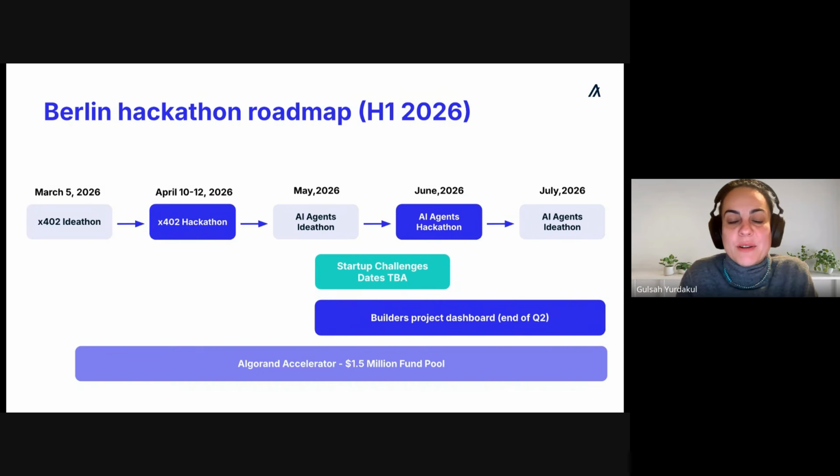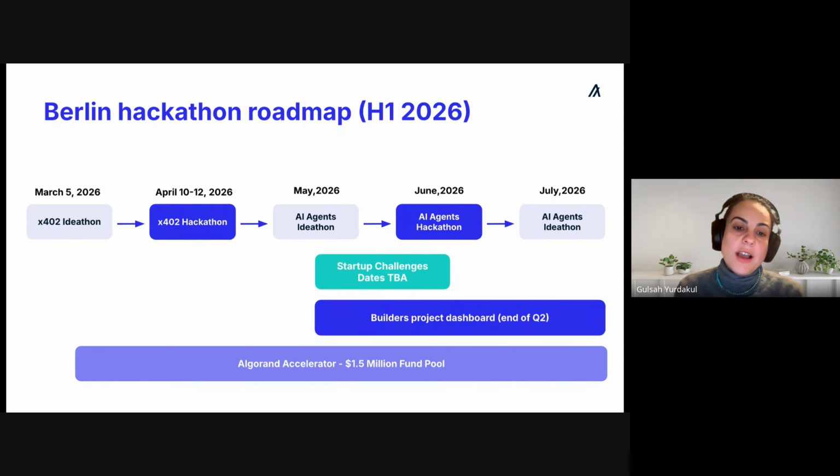As my colleagues mentioned, it's still an open platform, an open space, so we need to find out what kind of use cases we can build together. This is also going to give hackathon participants some time to explore the technology beforehand.